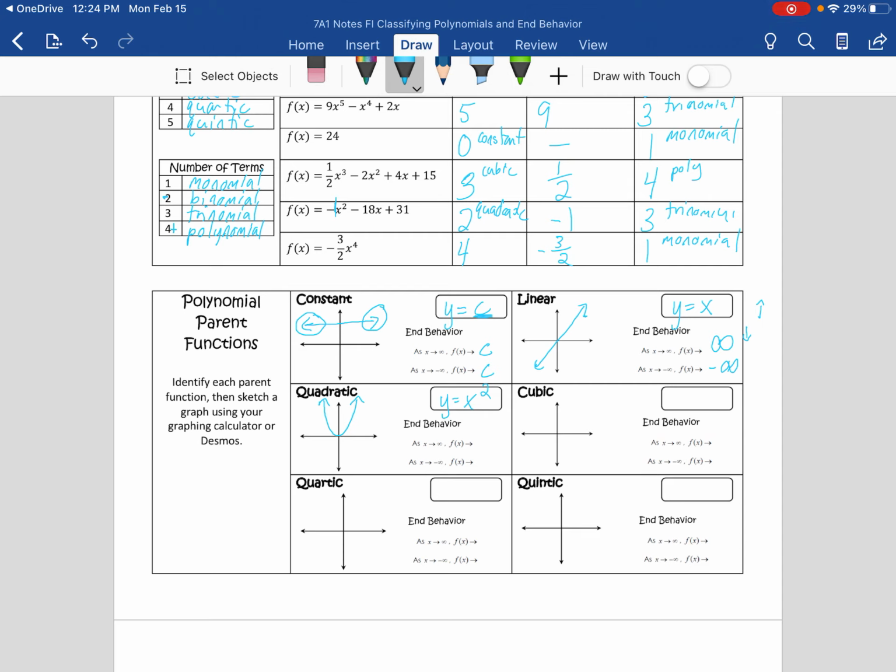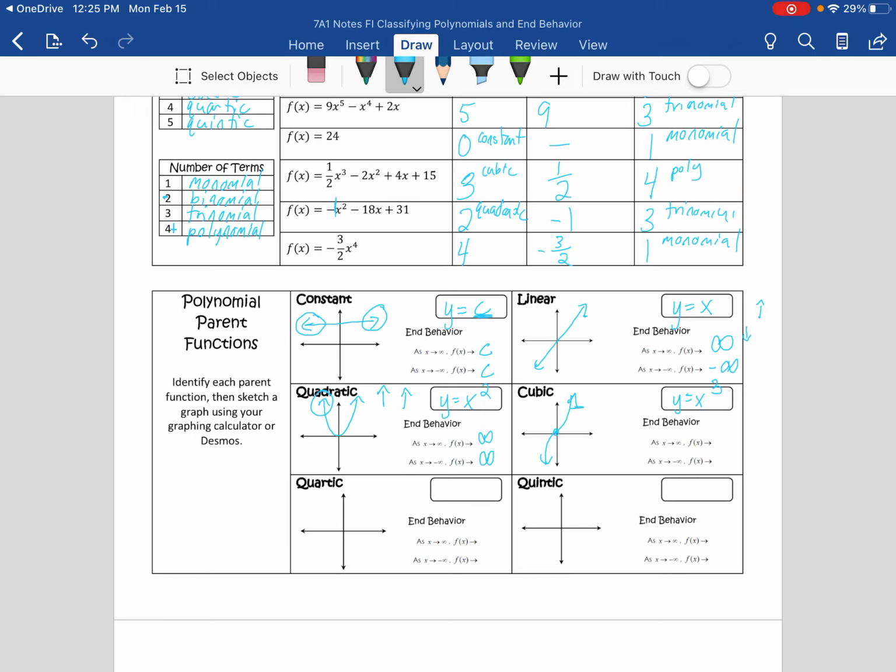The quadratic parent function, of course, looks like this. y equals x squared. As x goes to positive infinity, y goes to positive infinity. So that's on the right-hand side. On the left-hand side, as x goes to negative infinity, y is going up, and so that's going to be positive infinity.